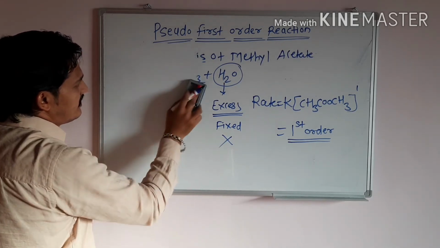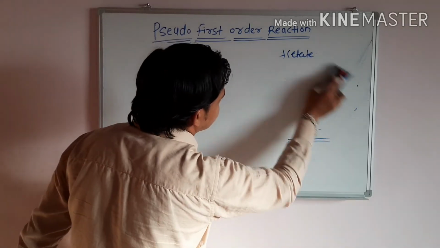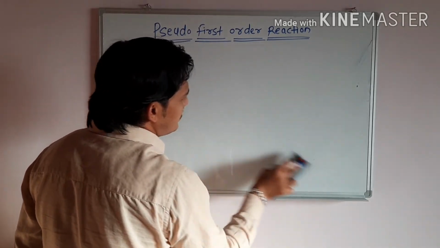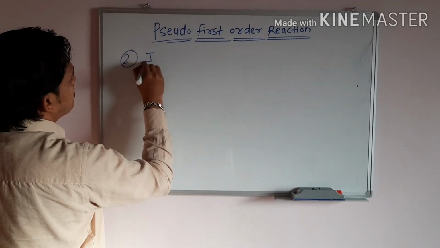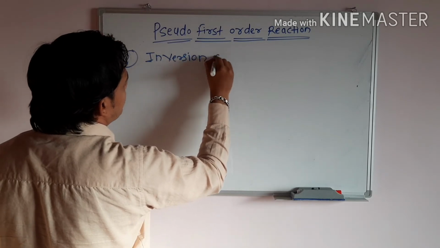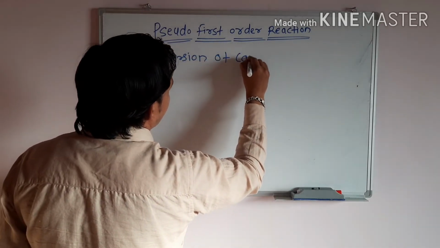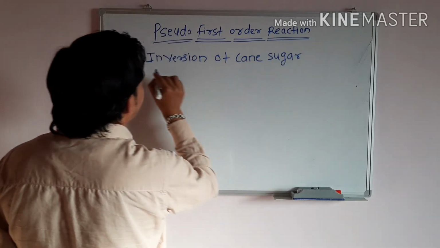Then the second example of a pseudo first order reaction is the inversion of cane sugar.